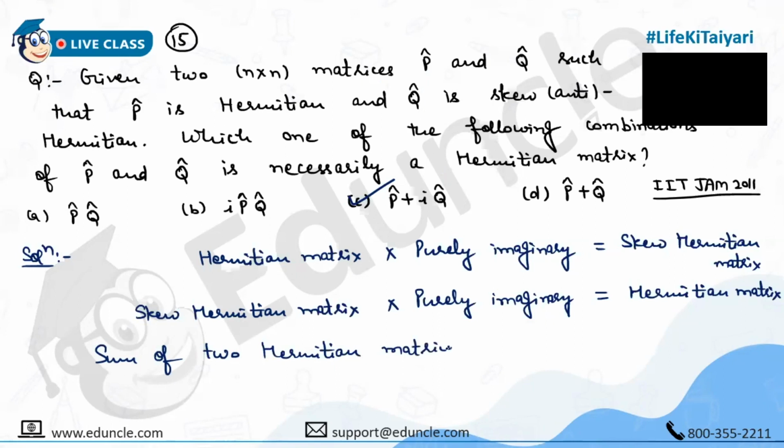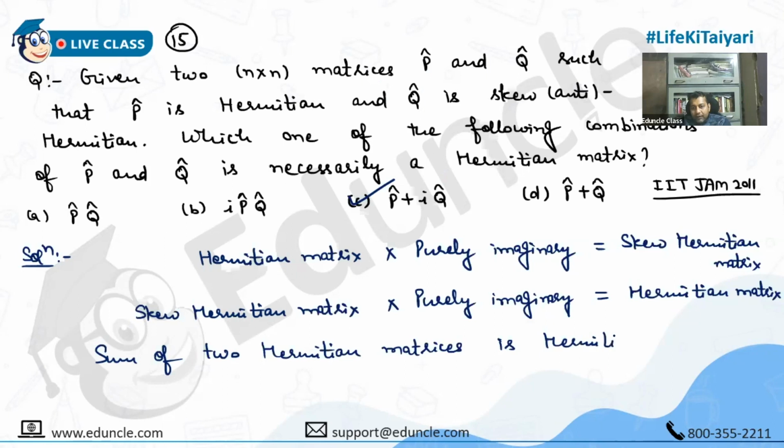Yes, sir. Now lots of students are having confusion regarding option B. So if you have any such kind of confusion in the exam, then you can check this iota PQ dagger.